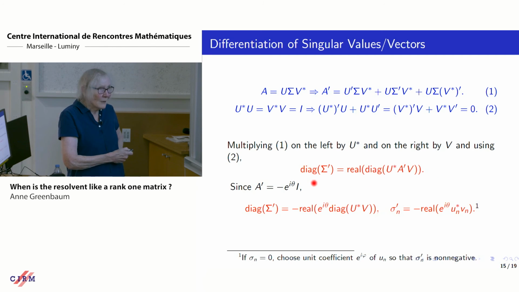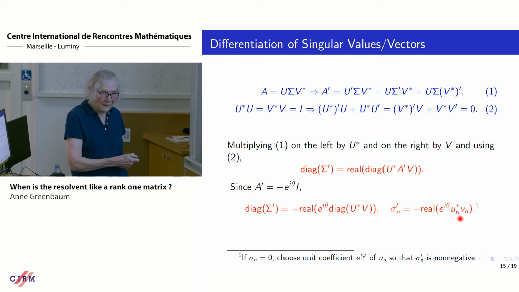For us, A prime is very simple. It's just minus e to the I theta times the identity. And so sigma n prime, the rate at which this smallest singular value of A minus Zi changes, is minus the real part of e to the I theta times un star vn.